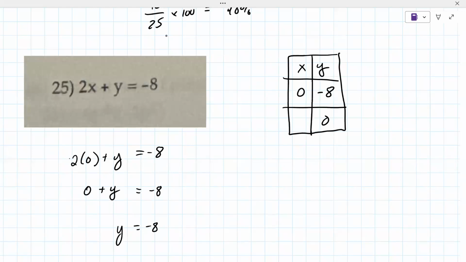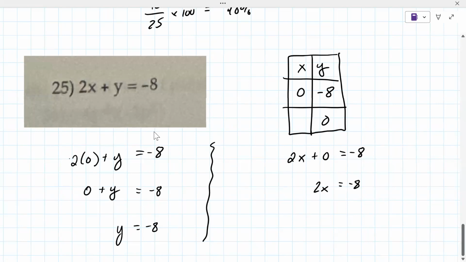Okay. So now you do the same thing, but you put 0 in for y. What is 2x plus 0? Like when you add by 0, does it change anything? No. So it goes back to what it was.